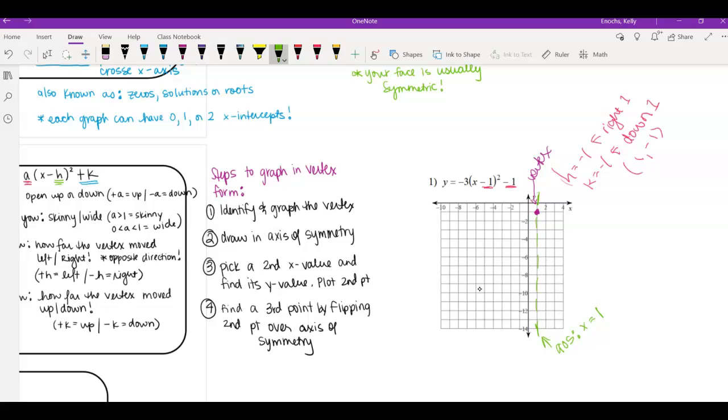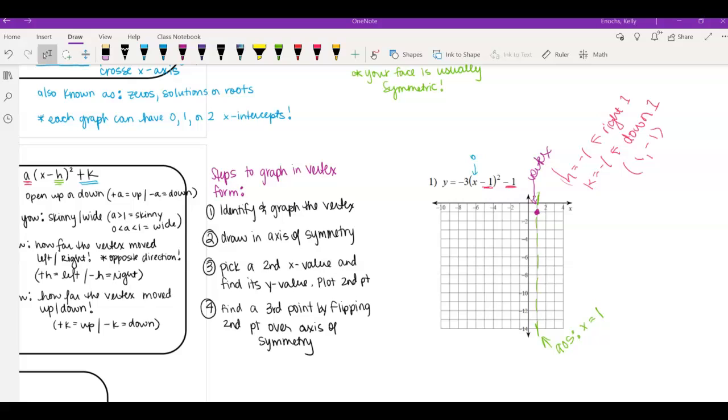So let's pick 0 because 0 is pretty close to 1. I'm going to pick a value that I know will be on the graph, and in this case, like I said, we're going to pick 0. So I'm going to plug in 0 here for my x. Okay, so we're going to pick 0 as our point to find our second value.